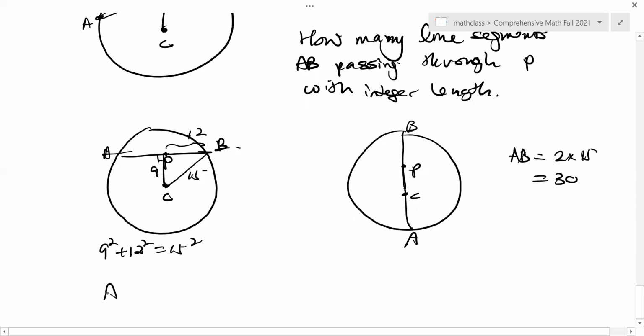So in this case, AB equals 24. The length is 24. This is the shortest one.